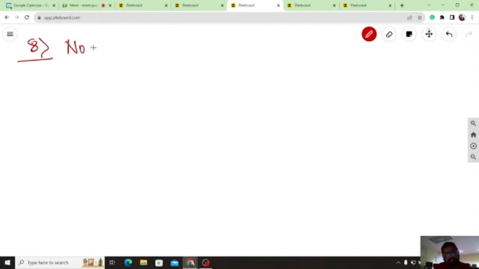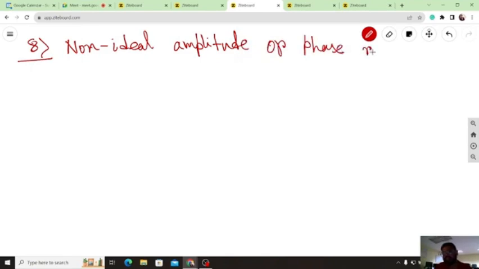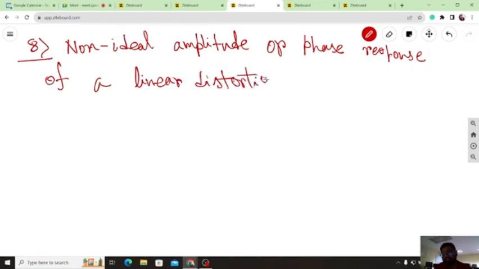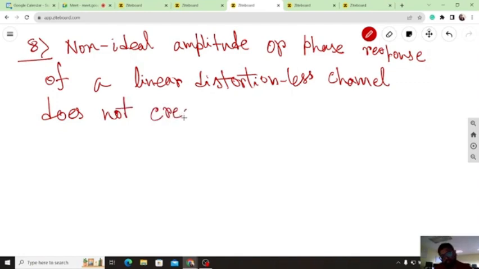The statement I am writing down: a non-ideal amplitude or phase response of a linear distortionless channel does not create any inter-channel interference.